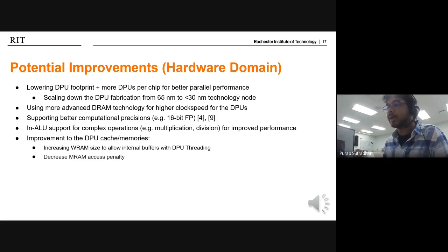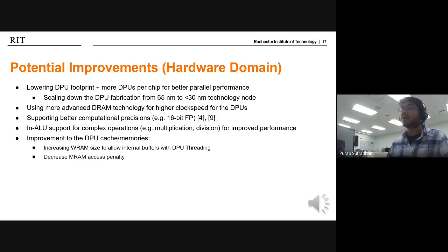The other thing is the operating frequency. We know that DRAM operates at a lower frequency than CPU or any other digital circuit because of the capacitive latency of DRAM cells. But when the processing is happening inside the PIM, inside the memory chip, the processor itself is essentially capped by that frequency.